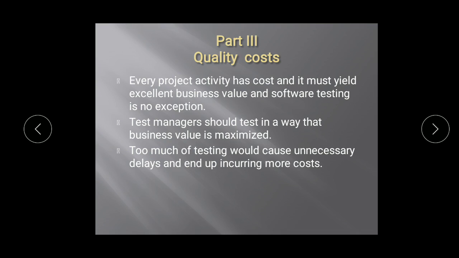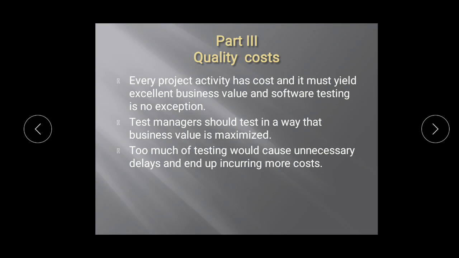So what is actually cost? Defining quality cost. Cost of quality is one of the most established, effective ways of quantifying and calculating business value for testing. So for the business value of testing, we use quality cost, which depends on effective measures of quantifying and calculating the business value.